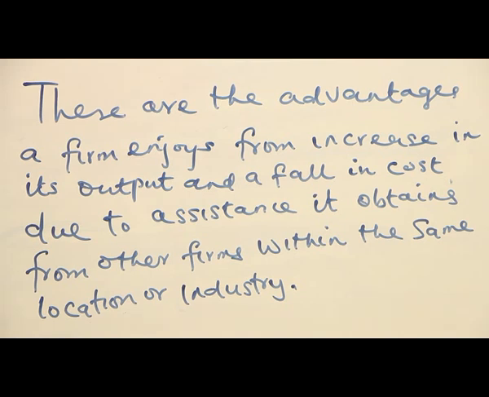But a situation where a firm is having a problem due to the location of the firm or the location of the industry, then the firm is having what we call external diseconomies of scale.